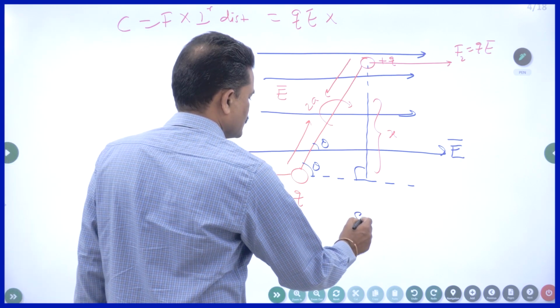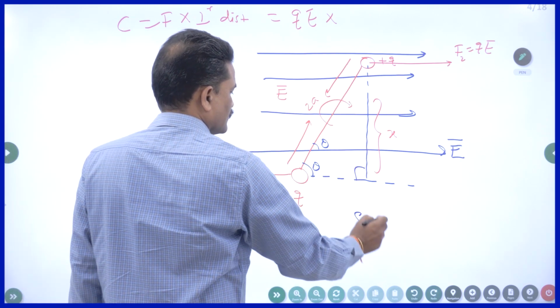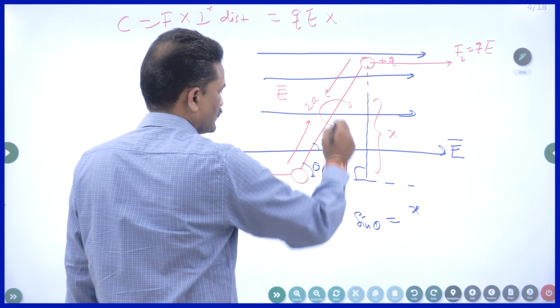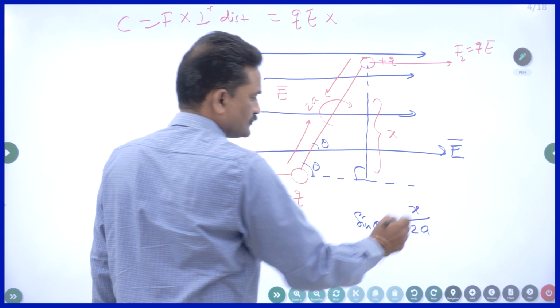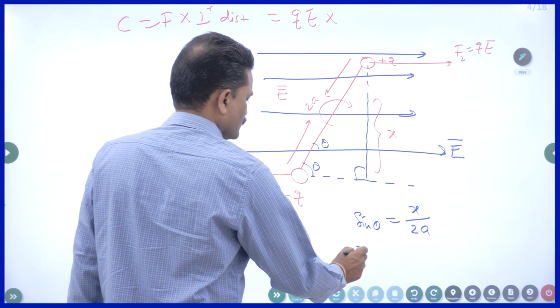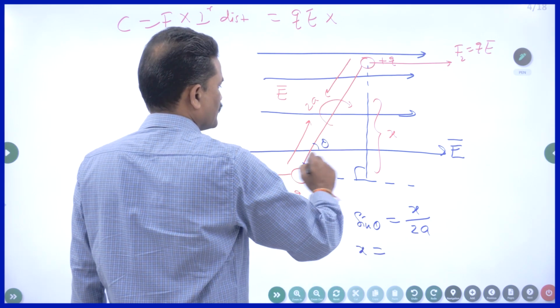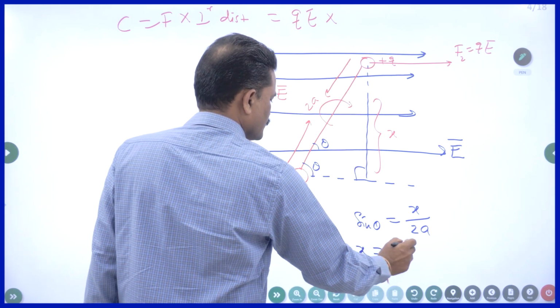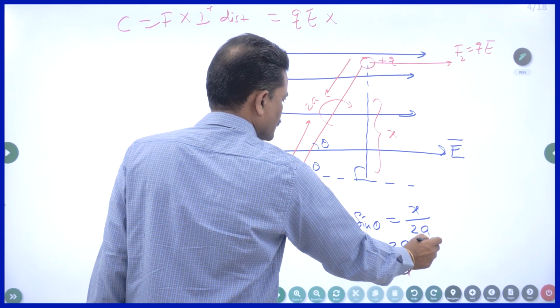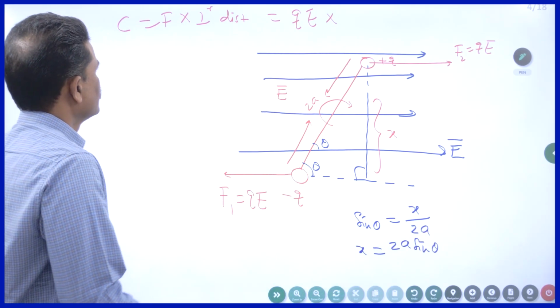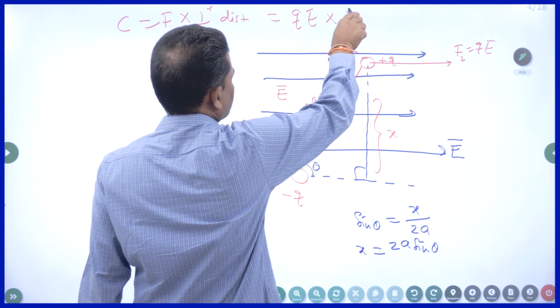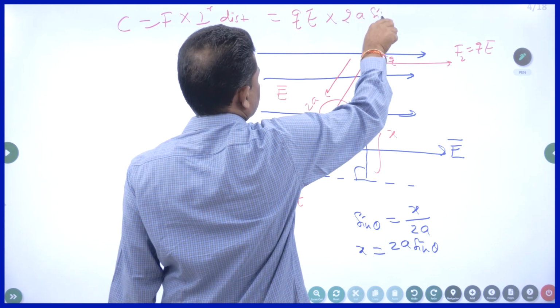So take the sine theta. So sine theta is equal to, in this triangle, opposite is x and hypotenuse is 2a. So I know the perpendicular distance with the help of this right angle triangle, which comes out to be 2a sine theta. Substitute this here. So this is QE times 2a sine theta.